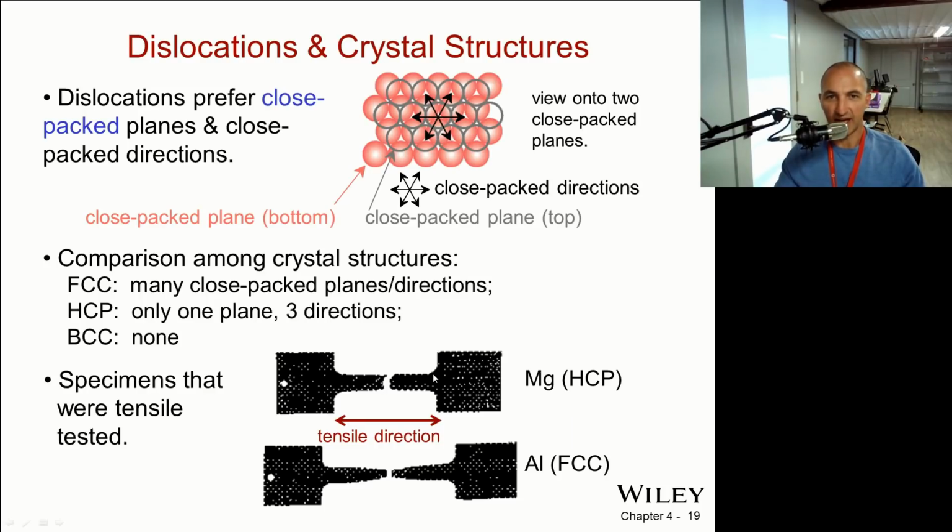Dislocations and crystal structures. So dislocations prefer close packed planes and close packed directions. Remember earlier, close packed planes are where the atoms are closest together. Here is a close packed plane.